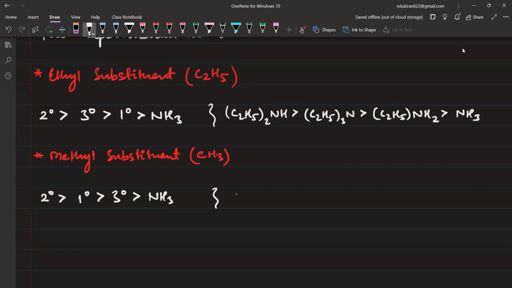So if I look at the exact compounds, it will be (CH3)2NH most basic, followed by CH3NH2, followed by (CH3)3N, and then NH3.